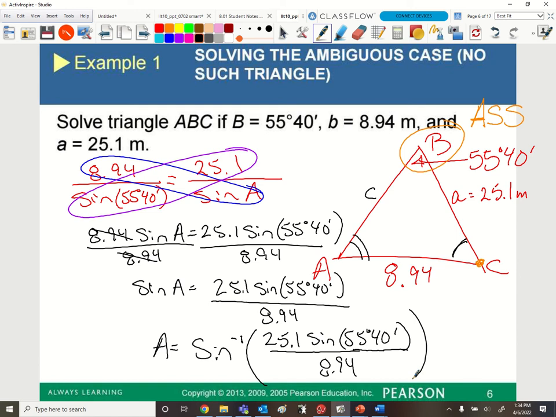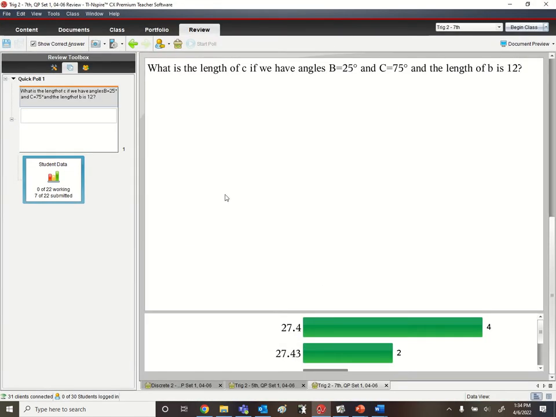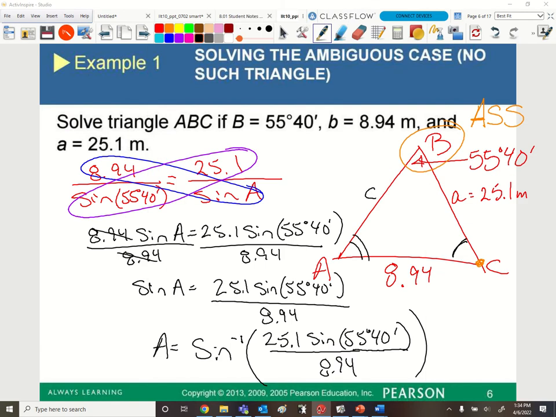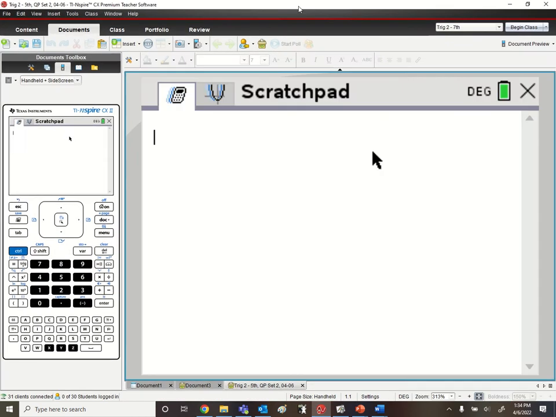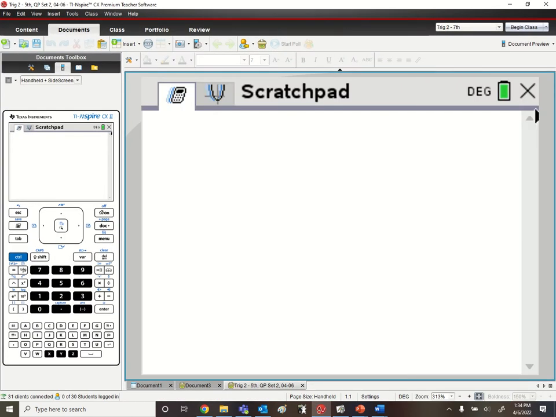So everyone plugging it into the calculator is important. Alright.